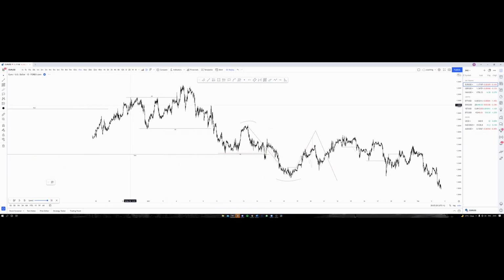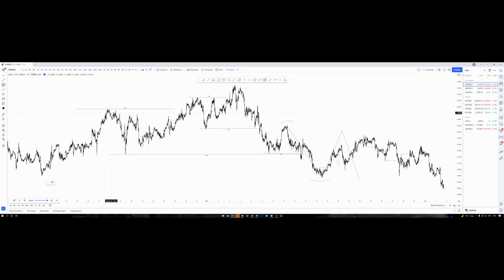Our overall idea is that on daily we've had this to this to this, so now the expectation is this on daily, so lower high. 4 hour we've had this to this to this to this to this to this to this.